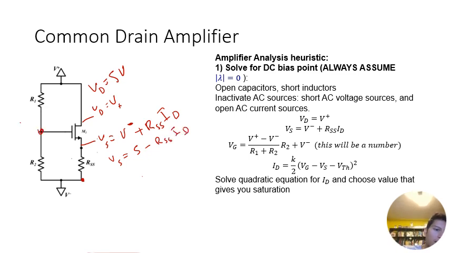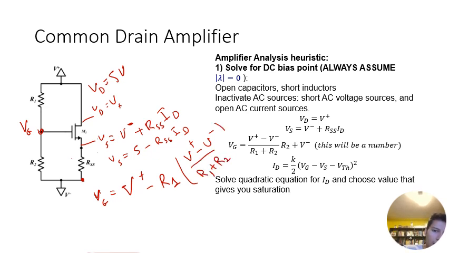And then we have that Vg will actually be equal to, well, this is a voltage divider, so Vg will be equal to V plus minus R1 times V plus minus V minus divided by R1 plus R2. So remember, from here to here, the voltage drop is V plus minus V minus.